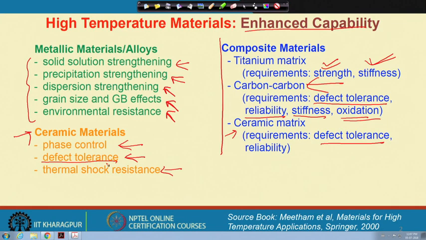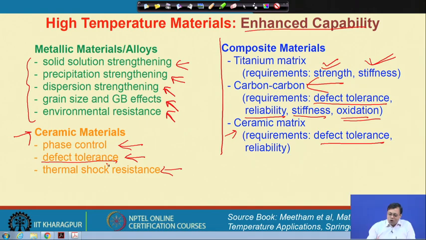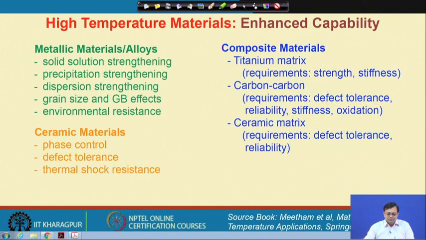If the fracture toughness is very low, then even a very small crack can directly cause a failure. The critical crack length is very small, in the range of a few micrometers, and the stress redistribution also decreases. So we also need some reliability. We will discuss these aspects today in detail.